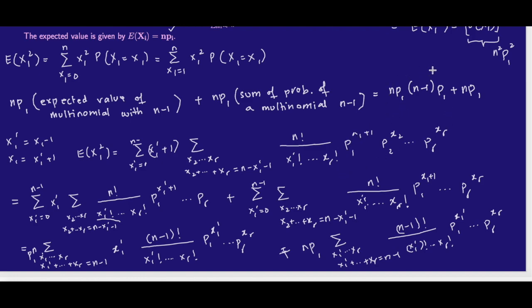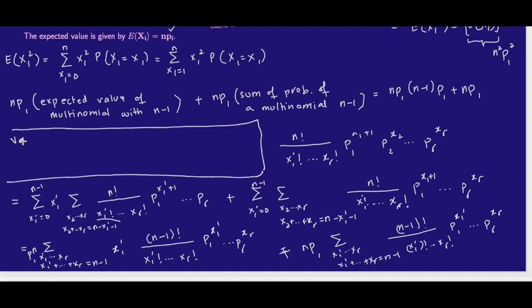Now, what is the variance? So the variance is equal to E of X1 squared minus n squared p1 squared. So this is equal to n p1 times n minus 1 p1 plus n p1 minus n squared p1 squared.